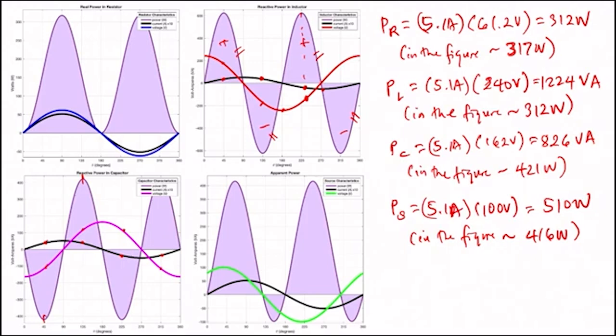The return component is actually the difference between the reactive power in the inductor and in the capacitor, and that's a result of taking the difference between the inductor and the capacitor reactances.